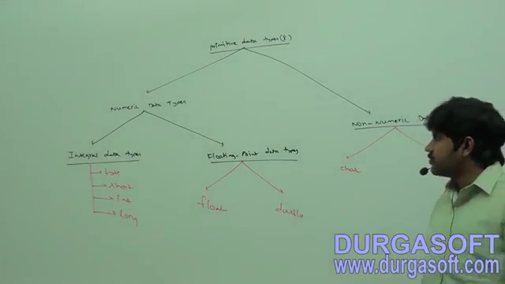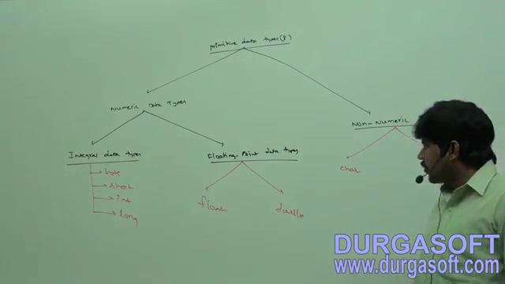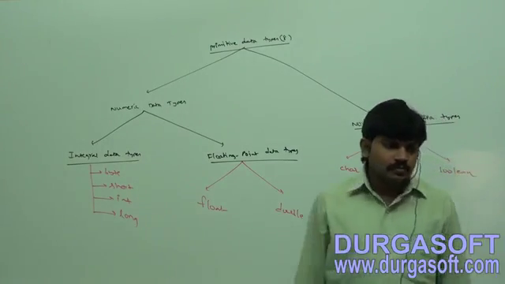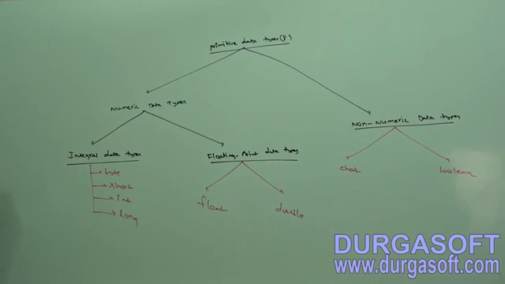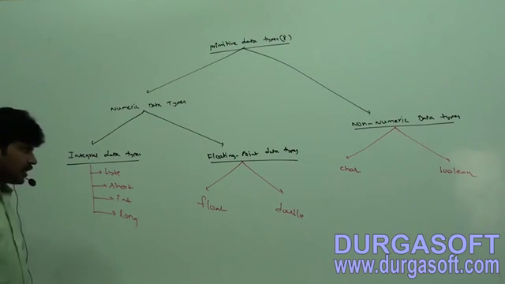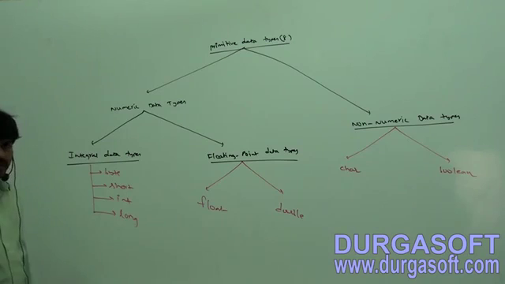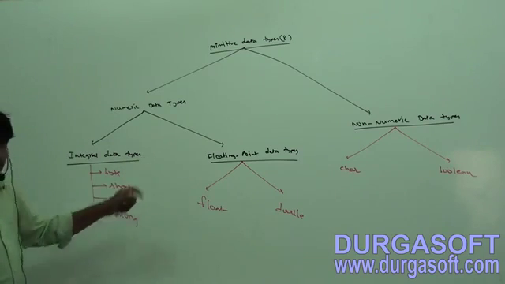Primitive, so total 8 data types we have. I hope it is clear for all of you, right?